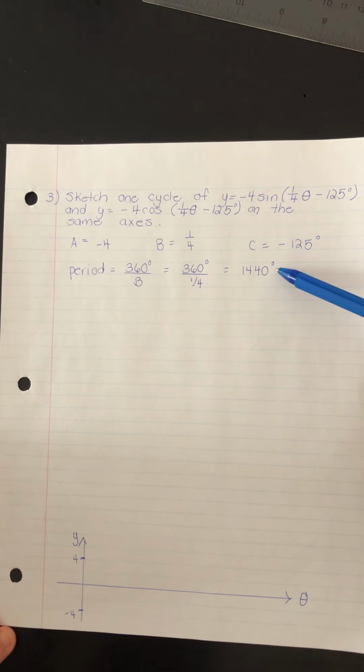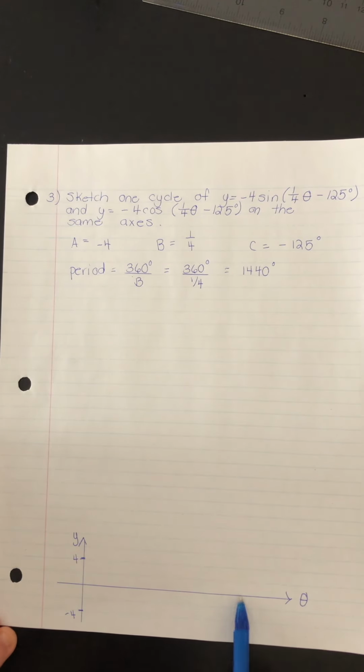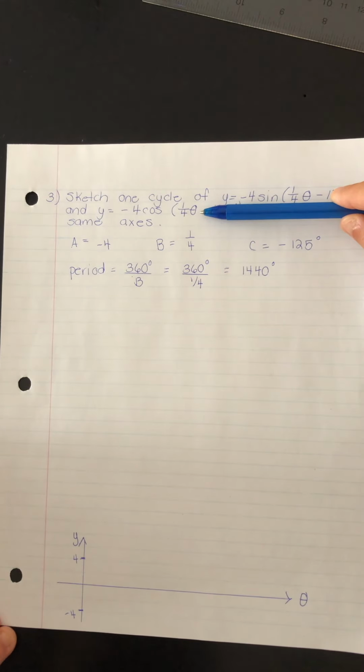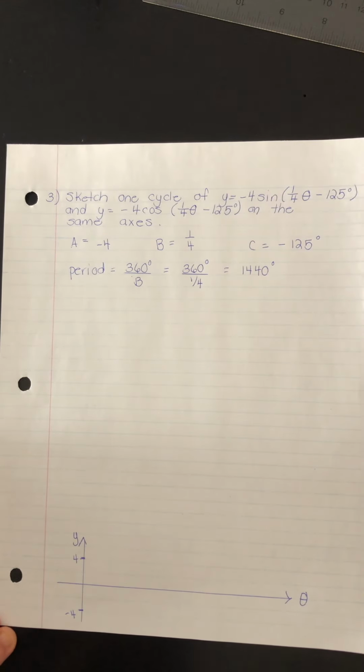It means the graph would go through the 5 critical points between 0 and 1440 degrees if there was no phase shift. So if there was nothing here after the theta. So if the equation was just -4 sine of 1/4 theta, for example.